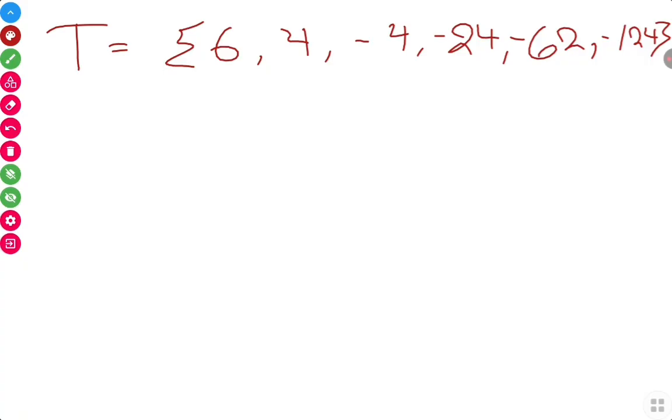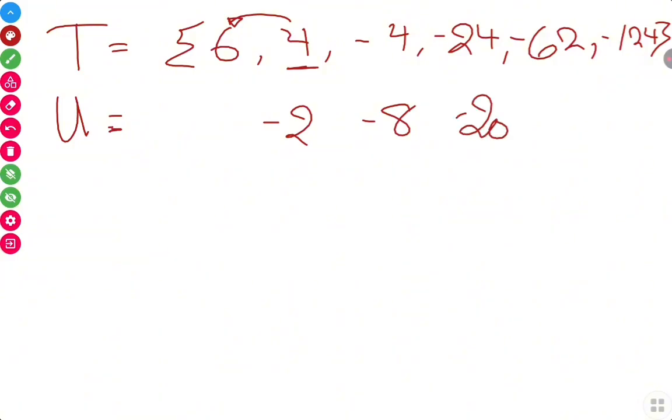So they told us to name the first set of differences u. So u is equal to 4 minus 6, which is negative 2, negative 4 minus 4, which is negative 8, negative 24 minus negative 4, which is negative 20, negative 62 minus negative 24, which is negative 38, negative 124 minus negative 62, which is negative 62.